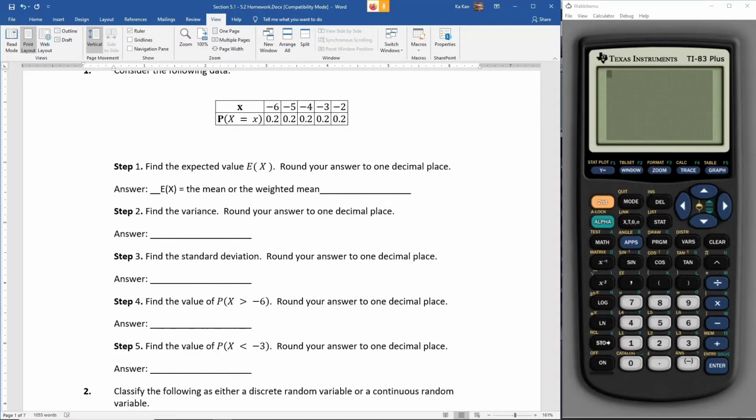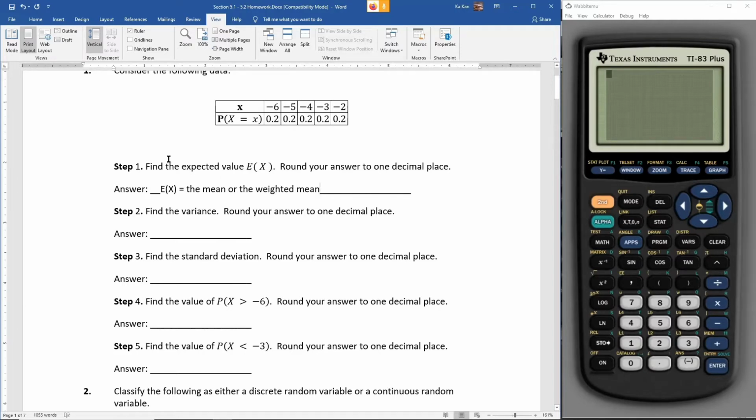Why is it weighted? Because every single value that you have has a probability attached to it. So this is 20%, that's 20%. That's fair, but it may not always be the case. You might have a 40%, and this is 20%. You might have 0.5 and 0.1. So that's why you have to take that into consideration.